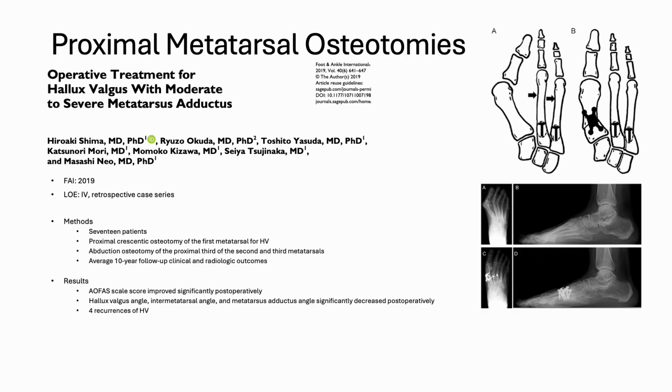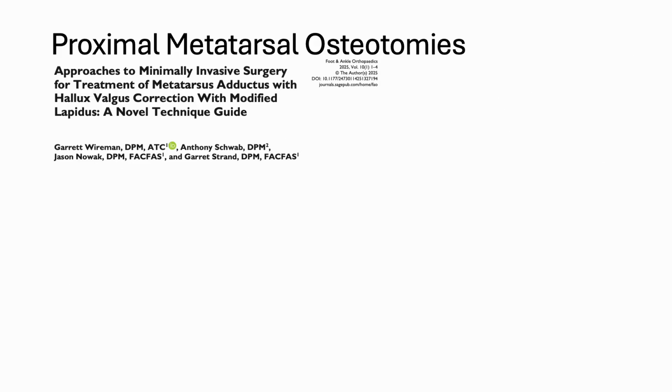These are their radiographs of it. I don't know if anybody's really doing hallux valgus correction anymore with this crescentic type osteotomies, but they had pretty good results with this. They concluded that clinical and radiographic outcomes were pretty satisfactory, so they can achieve correction of hallux valgus and metatarsus adductus deformity, and get significant improvement in pain and function with radiographic good outcomes.